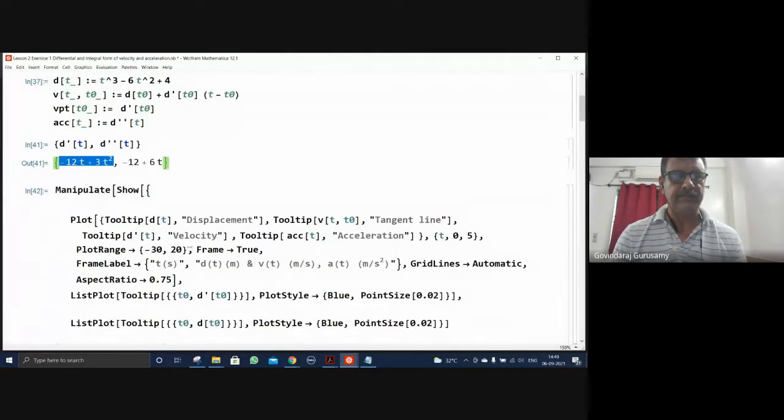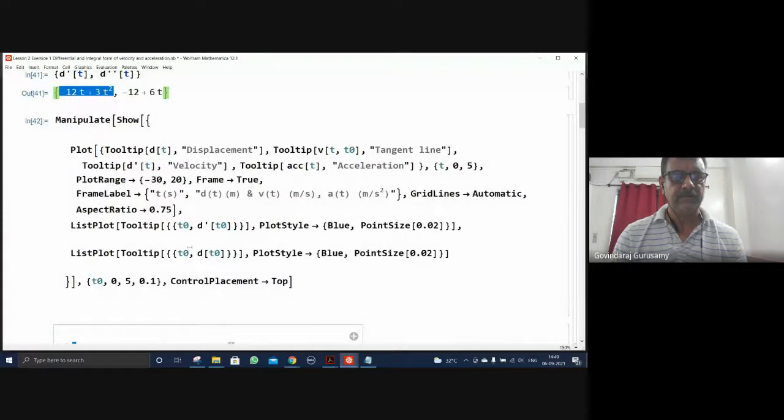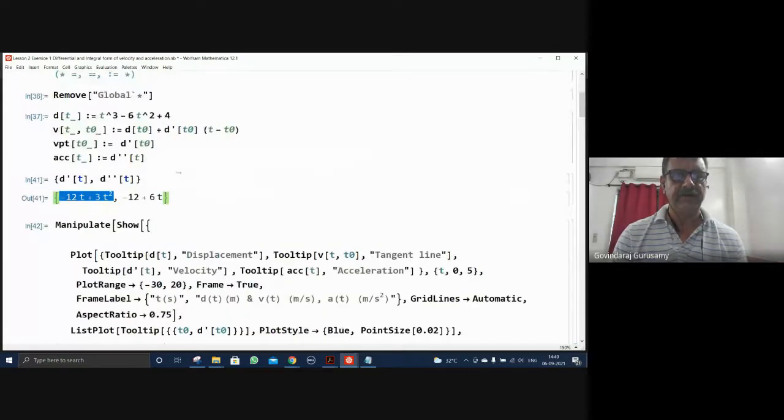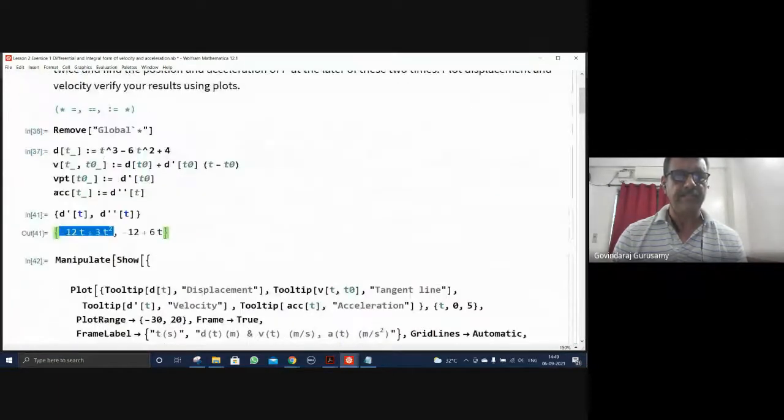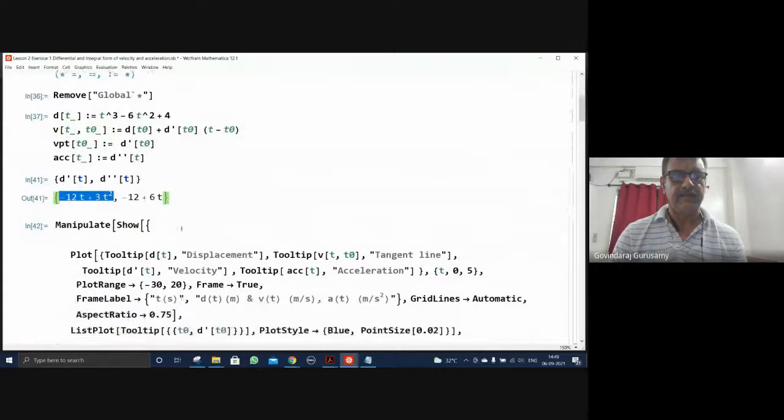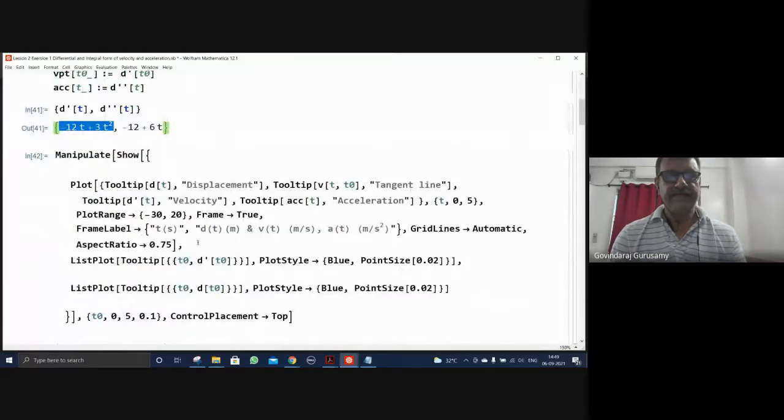We want to change the time and look at the plots all at a time, because one variable, t0 or t, is the only variable which connects all of them, right? Now you can see the advantage of what I mentioned here.